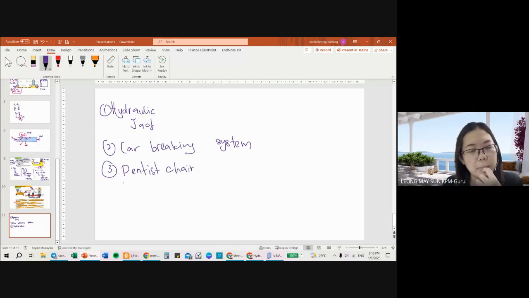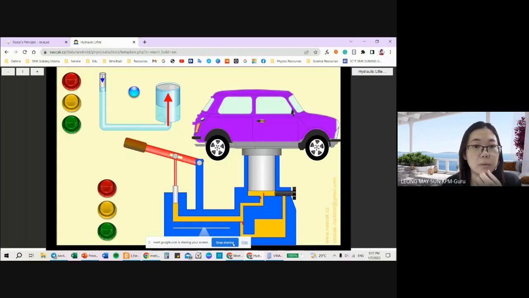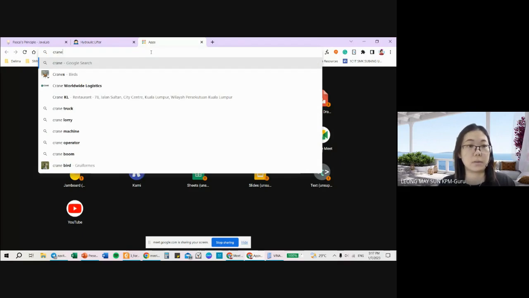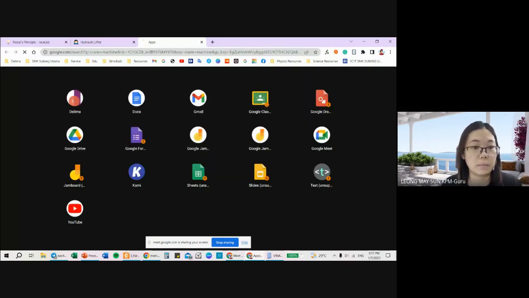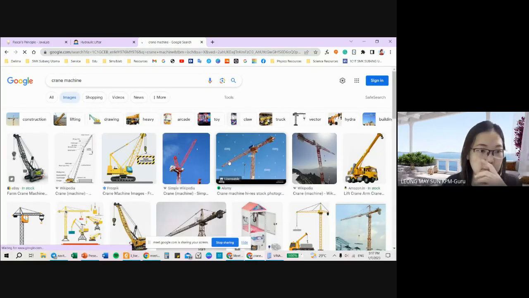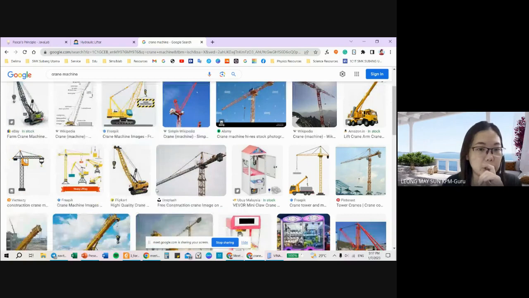We have the crane, the crane machine. That actually uses the hydraulic fluid also. This is the crane machine. This actually uses the hydraulic fluid as well.